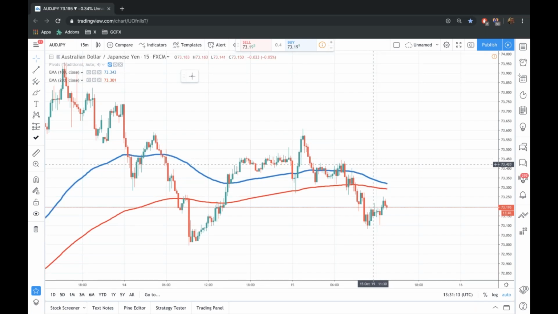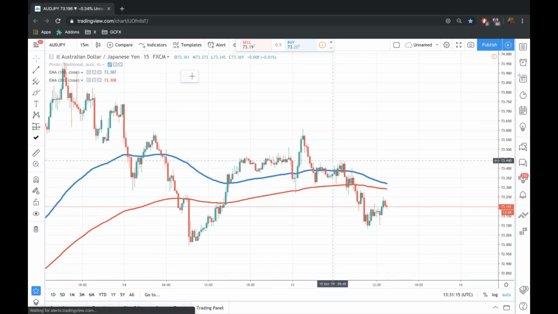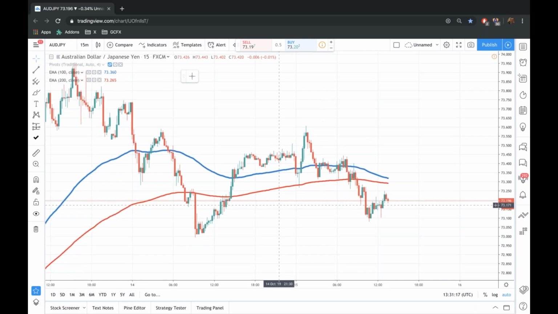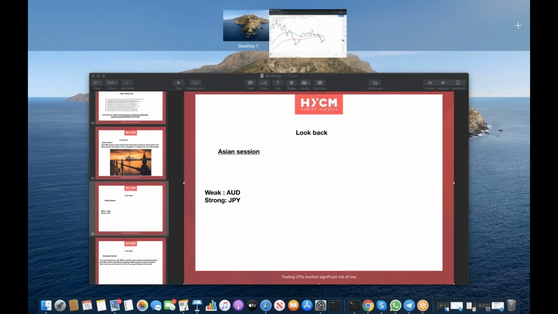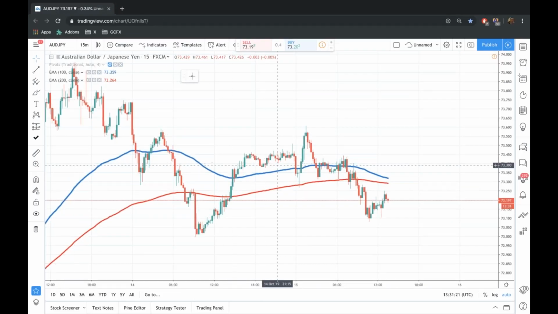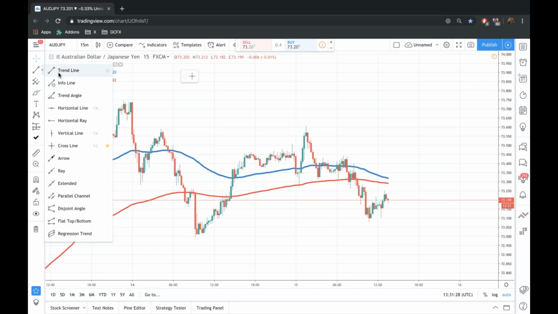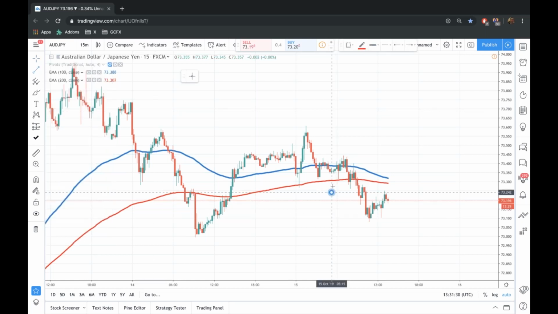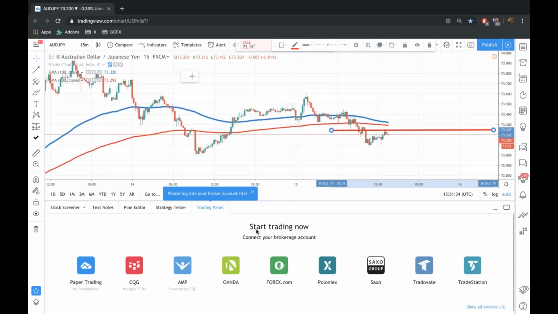Expecting those kinds of moves, and we got the sellers. Now, as long as that mood remains the same, then I'm still expecting Australian dollar, Japanese yen sellers. Now, there is a better currency pair for the afternoon session, and we'll cover that.